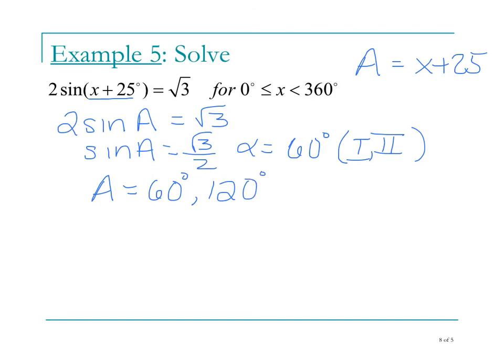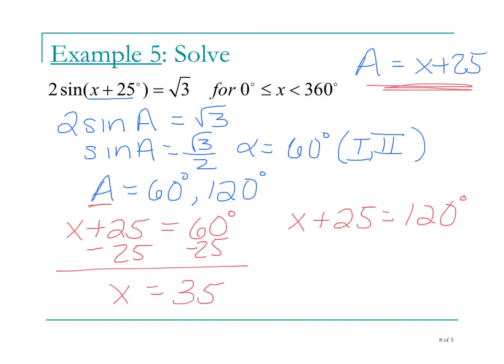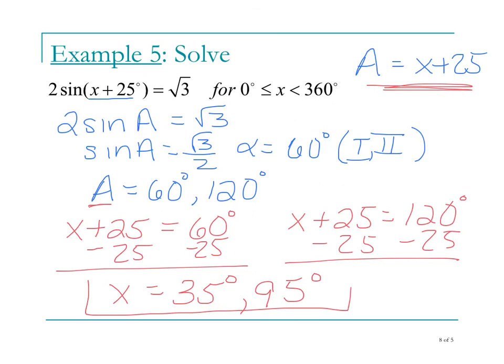I'll go back to my A, and I'll say, okay, well, x plus 25 equals 60 degrees, and x plus 25 equals 120 degrees. So I just subtract the 25. So here, x is going to be 35 degrees. Here, if I subtract the 25, I'm going to get x to be 95 degrees. And that's how you do that pretty simply.